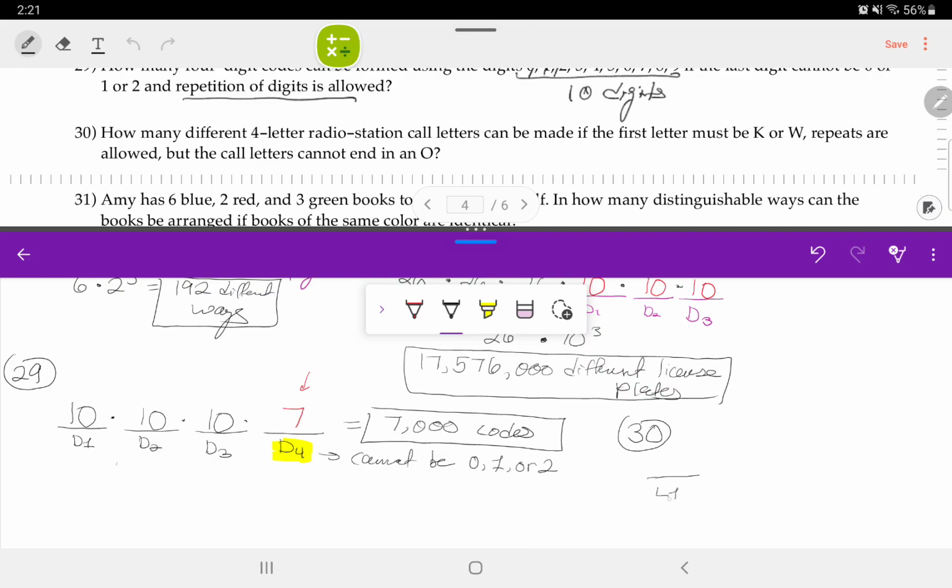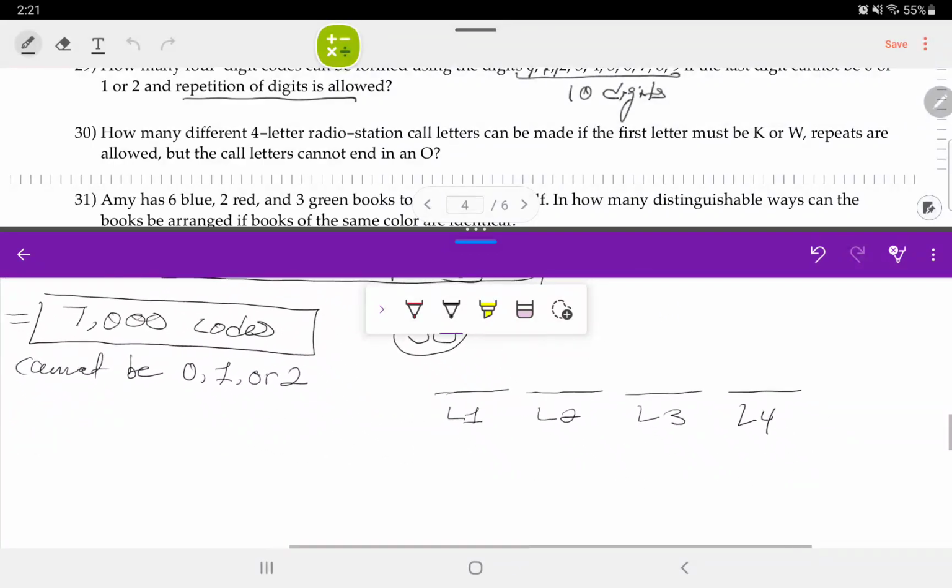Letter 1, letter 2, letter 3, and letter 4. Now, it says here, the first letter, and I'm going to zoom in.